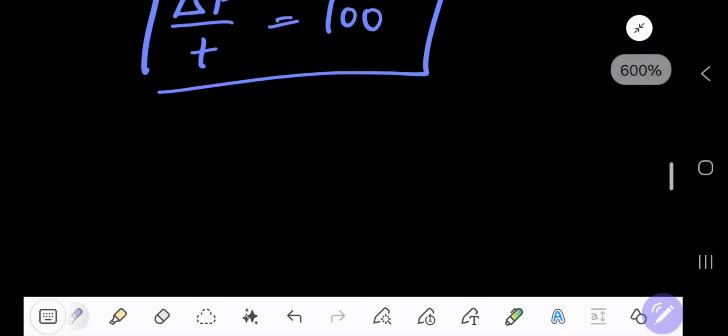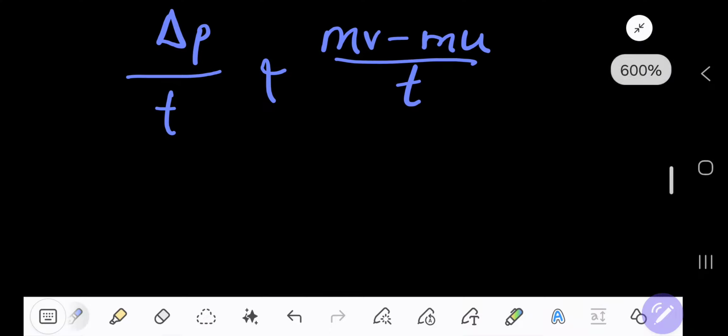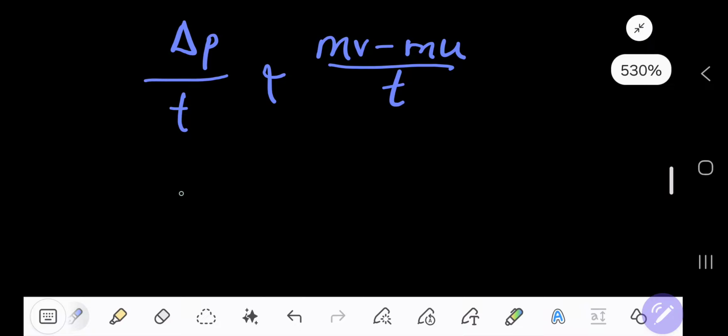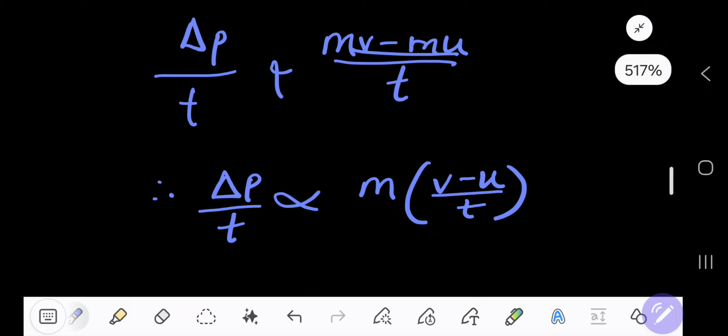So the proper derivation for this is delta p, or change in momentum over a certain period of time, is directly proportional to mv minus mu divided by t. Over here we can take m common, so delta p over t is directly proportional to m times v minus u divided by t, since m is constant and common in these two.